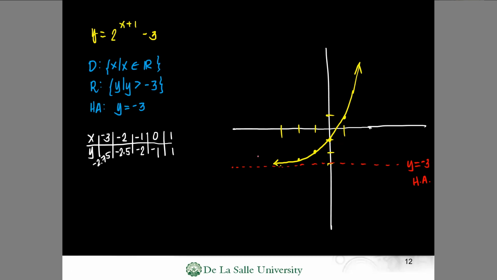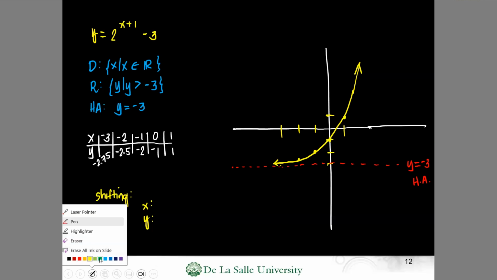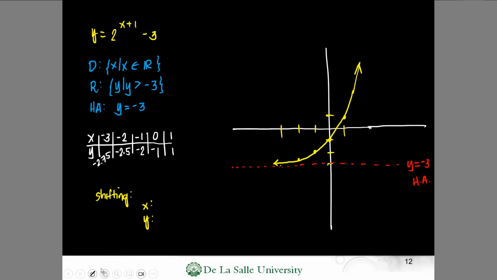All right. So if I ask you, can you please answer for me the shifting along x and along y? How did it shift along the x-axis? To the right or to the left?